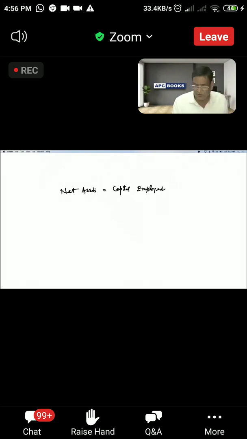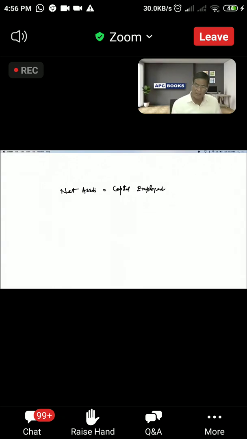So now this third ratio is very simple. They say net assets turnover ratio. Net assets means capital employed. Capital employed we have already learned. It can be calculated from the liability side approach and also from the asset side approach. Turnover we already know.